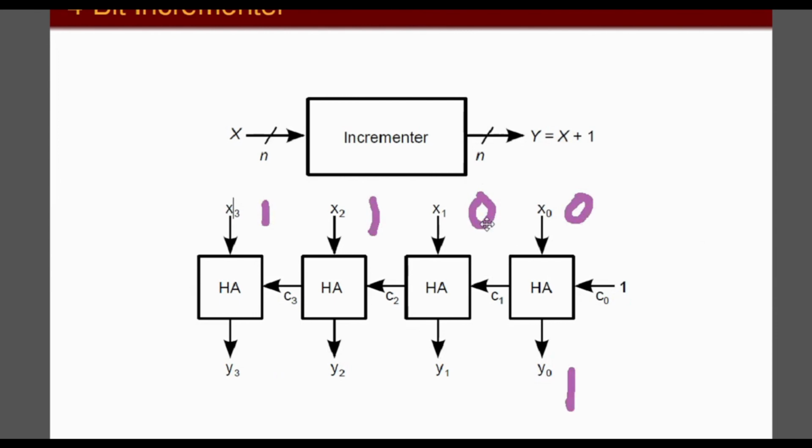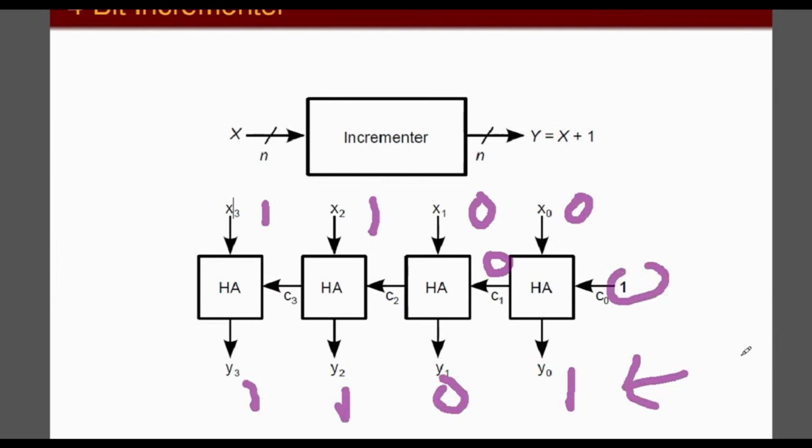The output will be what? 0 plus 1 is 1, and no carry. Sorry, 1, 1, 0, 1, 2, 1. So this one no carry will be 0. So 0 plus 0 is 0. Still 1, still 1. So that means 1, 0, 0 plus 1 is what number. So all the time it will be implemented.